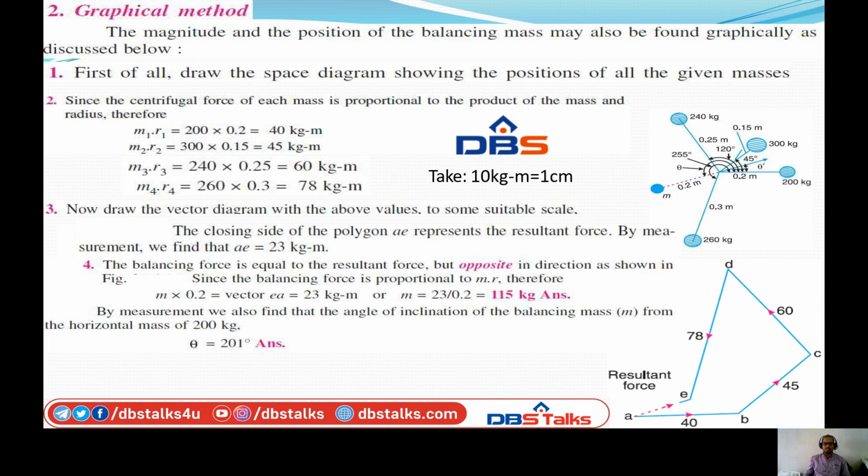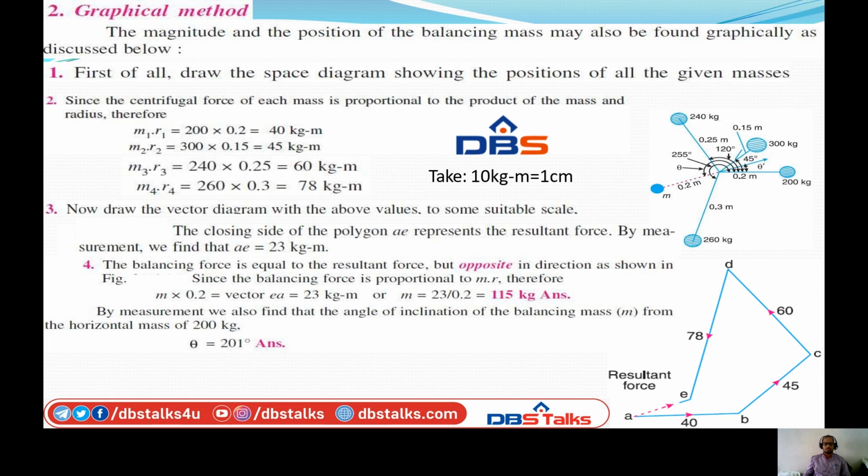So measuring this AE length gives 2.3 centimeters, that means 23 kg meter. Here also we have to take up the scale and convert them. So the final balancing mass is equal to the resultant mass, but presented in the opposite direction.